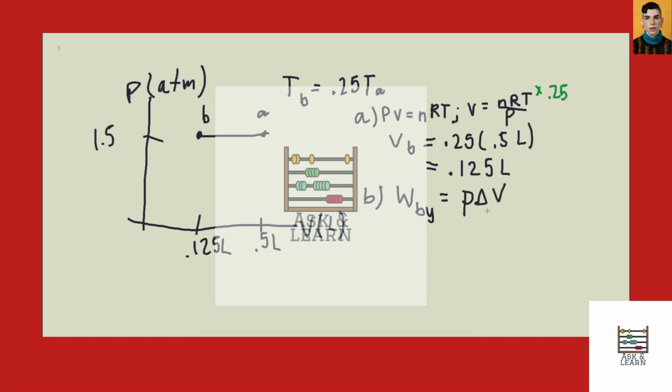Since V final is less than V initial, this is negative, and therefore the work done by the gas is negative. Therefore the work done on the gas is positive. So there's work done on the gas, to compress it. So maybe it's easiest to say that there is work done on the gas.